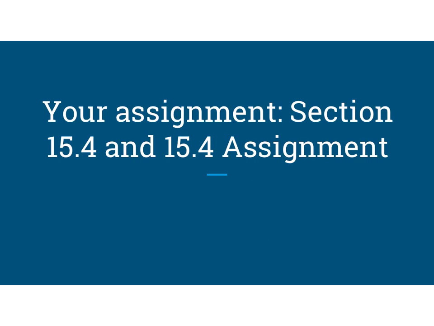Your assignment is again section 15.4, the 15.4 assignment. After this section you will be doing the normal distribution review, and then after that you will be ready for the unit test.